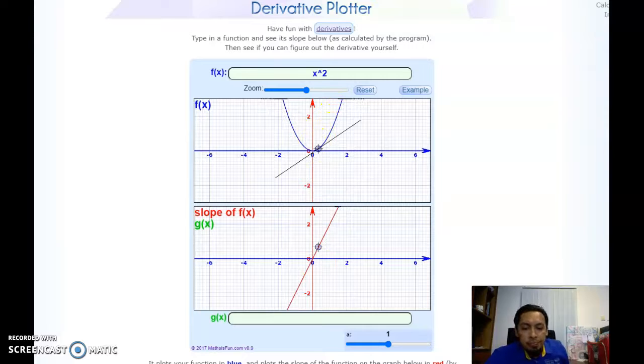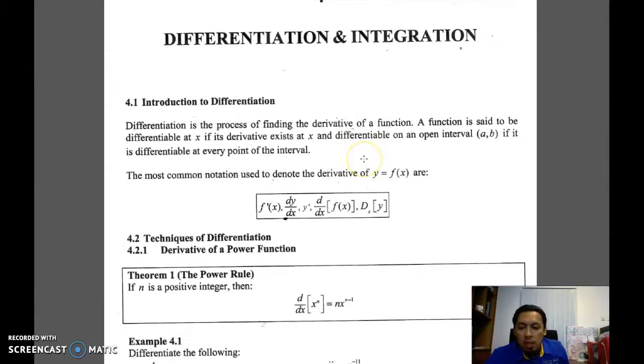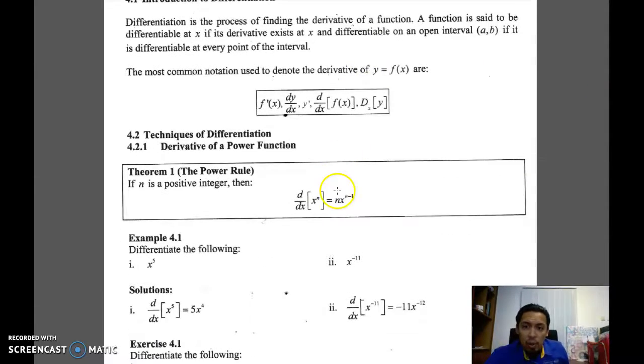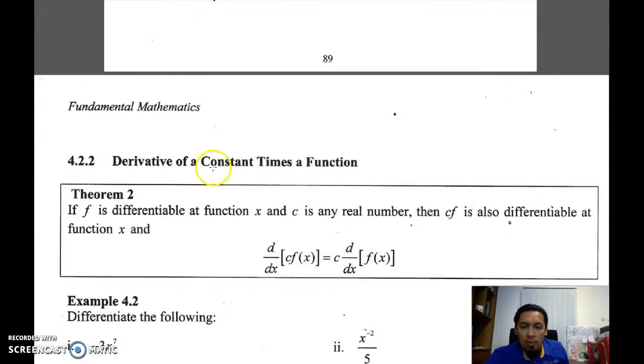In our syllabus there are around 7 basic derivative functions that we can use later. We have the derivative of a power function, when you meet a function with a power. We have the derivative of a constant times a function, when a function is multiplied by a constant.